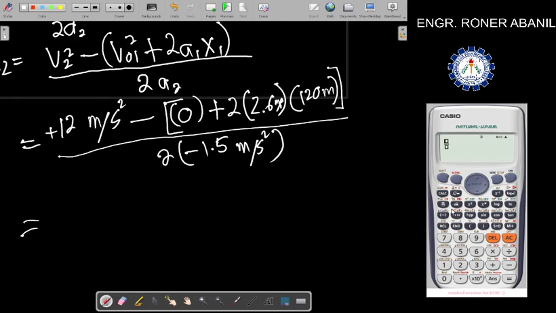Ulitin natin. 12 minus the quantity 0, no, plus 2 multiply by 2.6 multiply by 120.